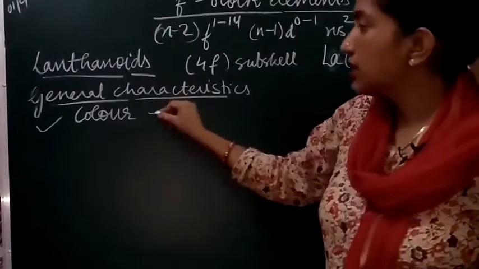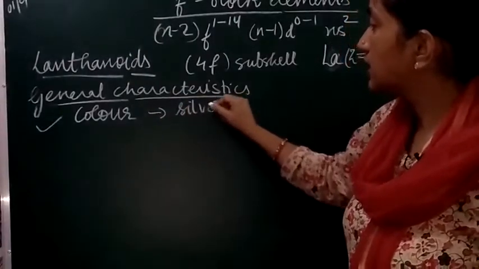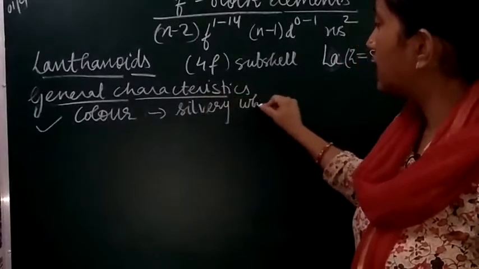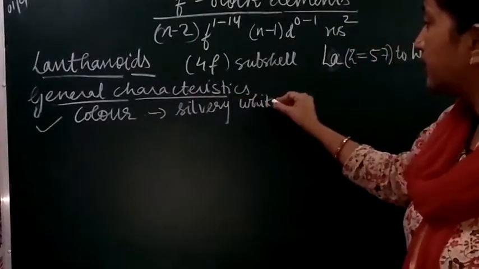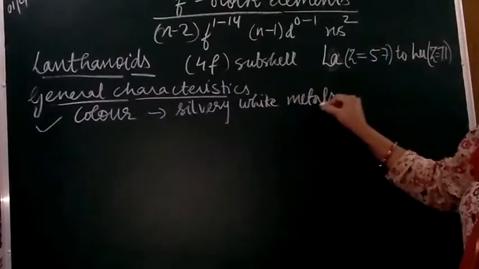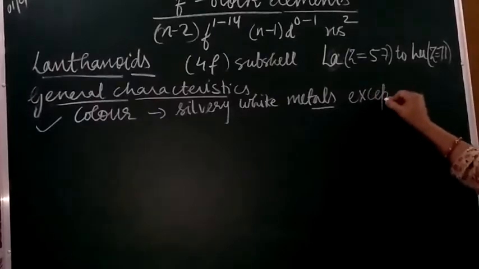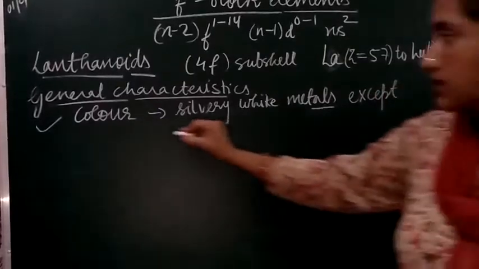Generally, the lanthanoids are silvery white metals, right? Except the trivalent ions.